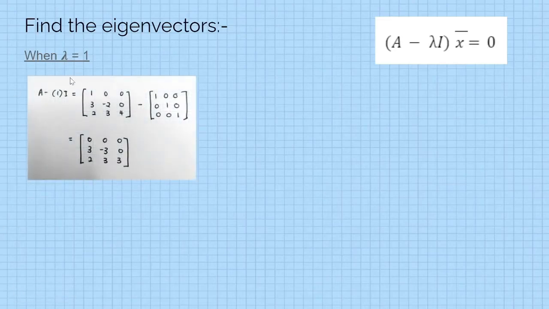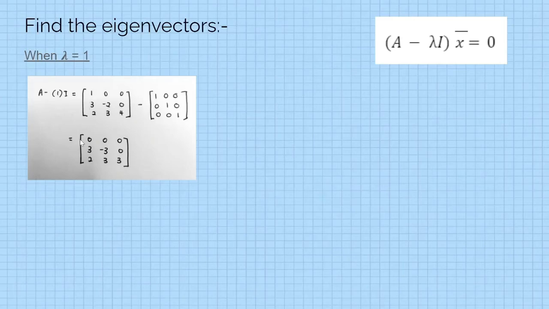After that, we replace the value of lambda with 1 and solve the matrix equation, and we got this new matrix, which is [0, 0, 0; 3, -3, 0; 2, 3, 3]. Because the first row is 0, 0, 0, we don't need to use elementary row operations to solve this problem.